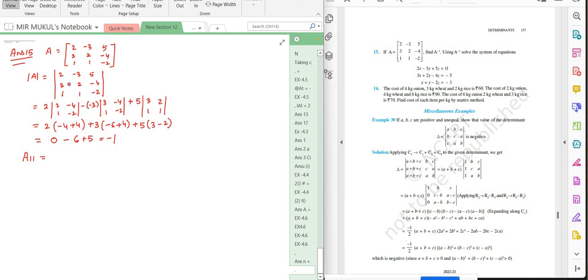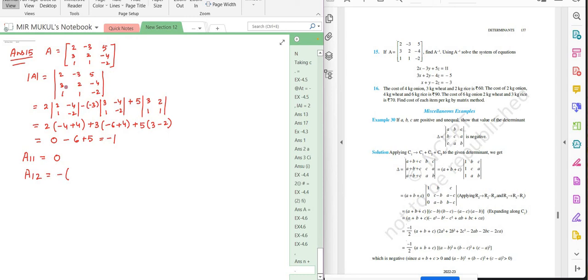Directly we can find: my first one will be positive. So if you are finding this, here minus 4 plus 4, that means 0. Then A12. The second will be negative. First positive, second negative. Okay.